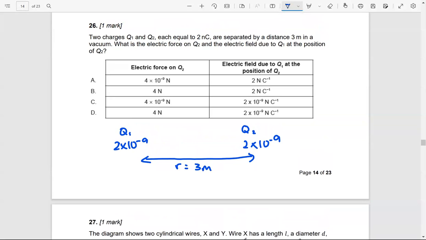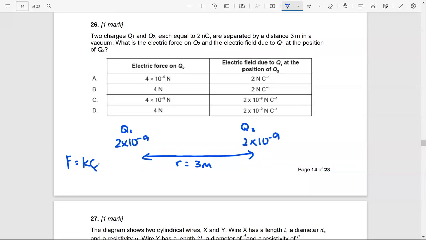Q2. Okay, so in order to find the force, we go there. K in your data booklet is 8.99 times 10 to the 9.